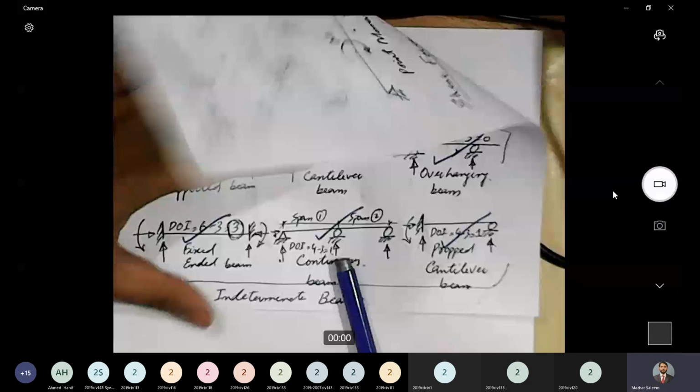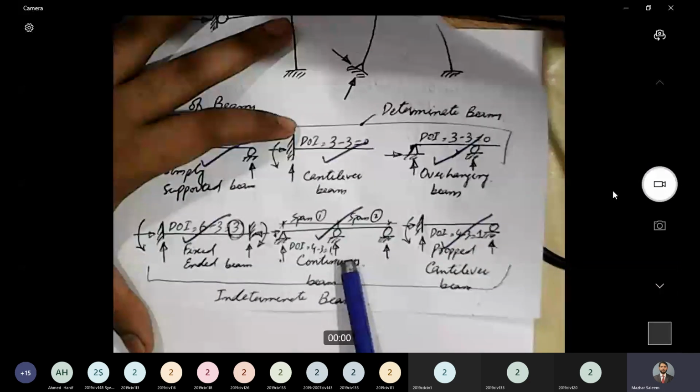We do not want our structures to be unstable. If our structure is unstable, we need to change it.